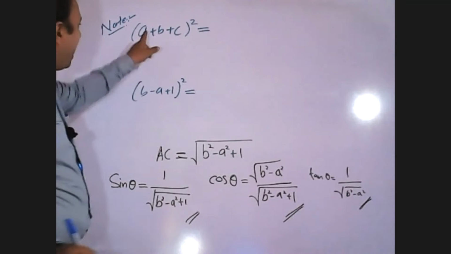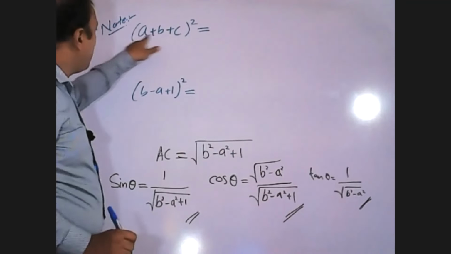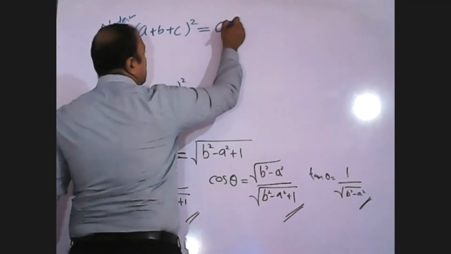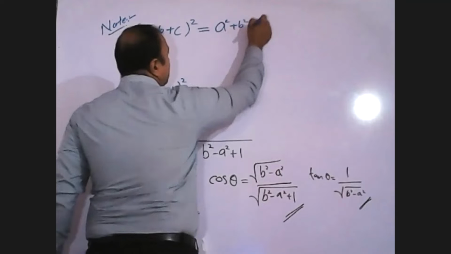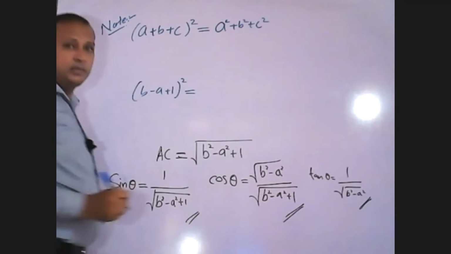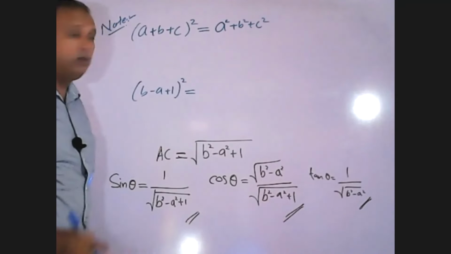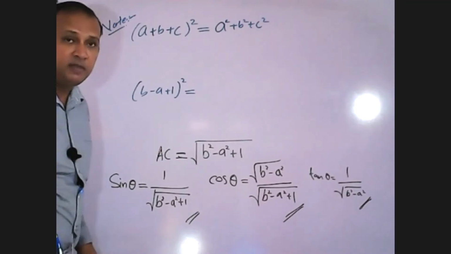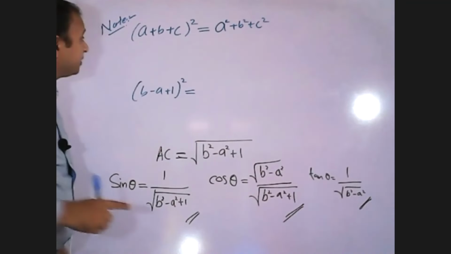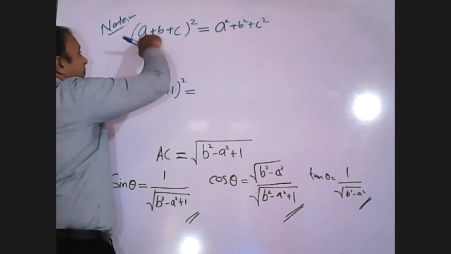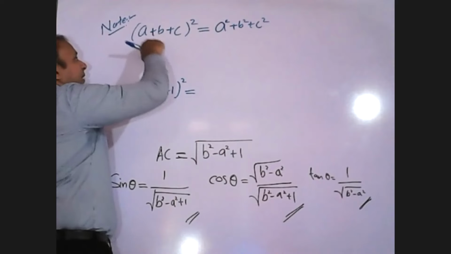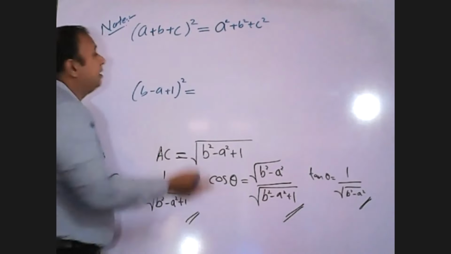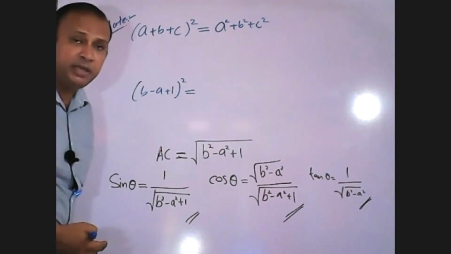First thing, you have to take the square of each and every term. That means a squared plus b squared plus c squared. Then do the same thing we did in a two terms algebraic expression. Previously, we multiplied two terms and took twice of that. You have to do the same here.